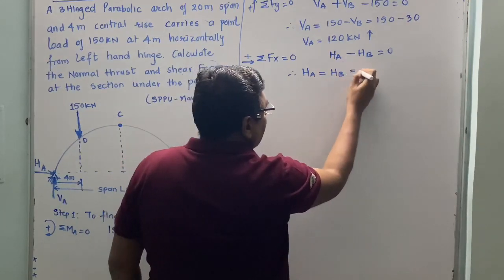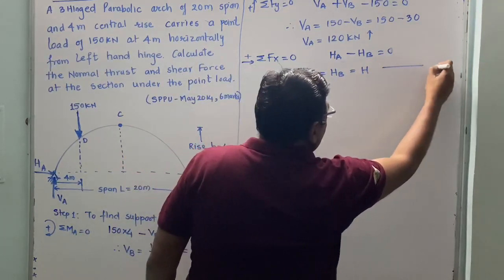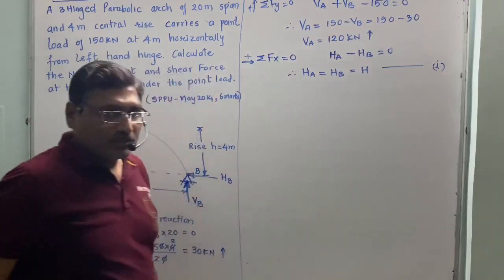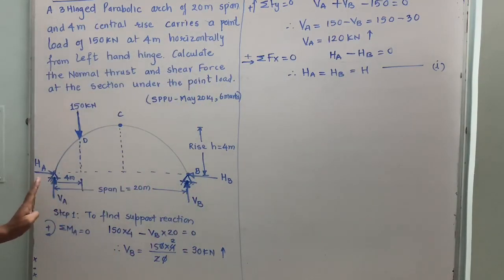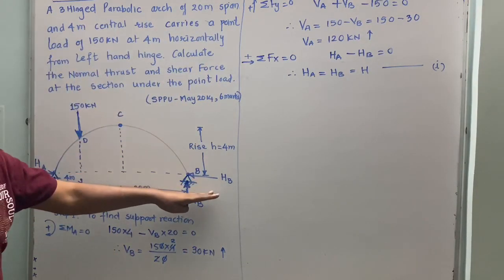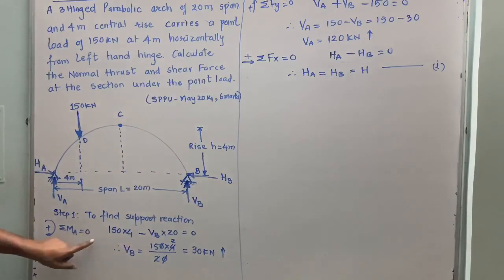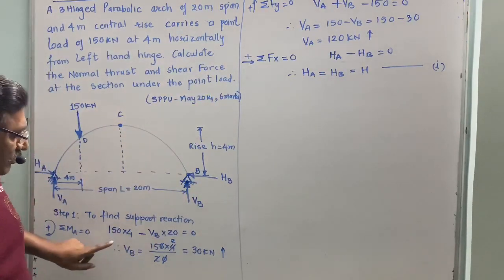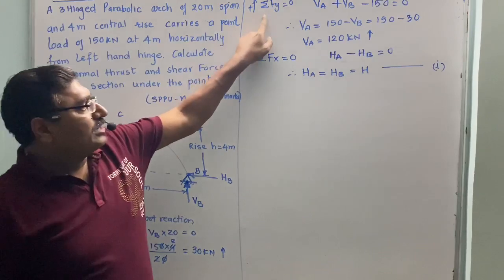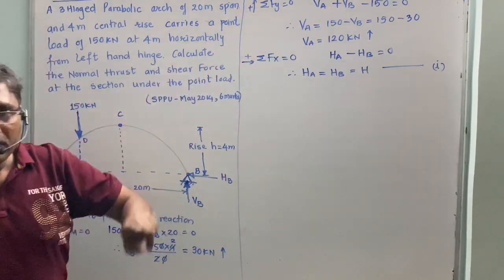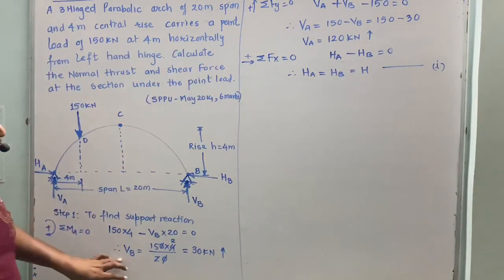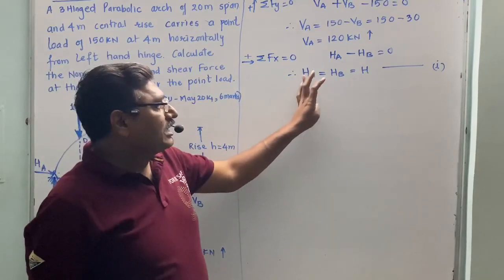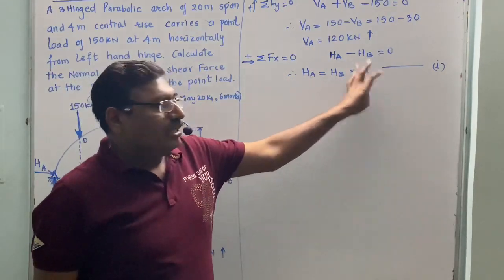Let us consider it as H. This is our equation 1. So for equilibrium of the whole arch, we apply the three conditions: summation of Fy, summation of M and summation of Fx equal to 0. Out of 4 unknowns, we got 2 unknowns and one relation, HA equal to HB equal to H.